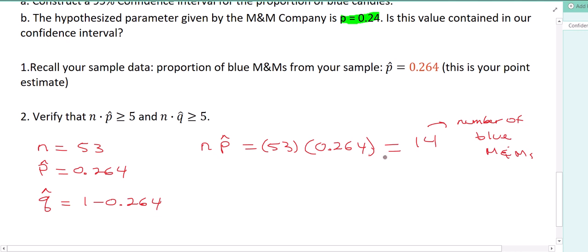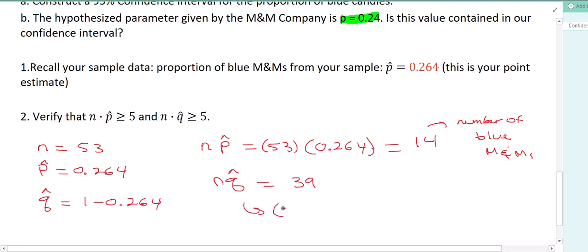So that's why earlier I said when you do n p hat greater than 5 and n q hat greater than 5, you're really checking that you have more than 5 successes and more than 5 failures. So for the blue candies, I had 14 blue candies, so that's more than 5. And so n q hat should be close to 53 minus 14, which is 39.